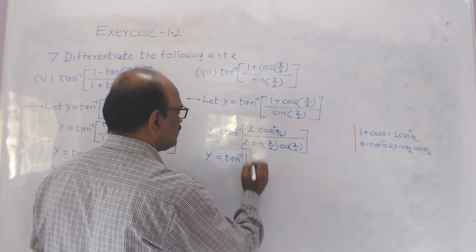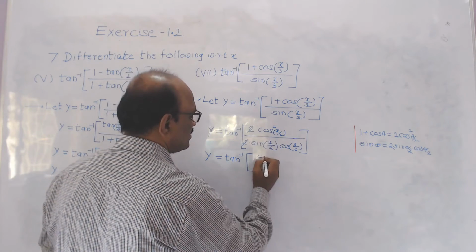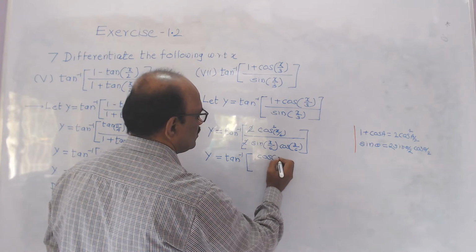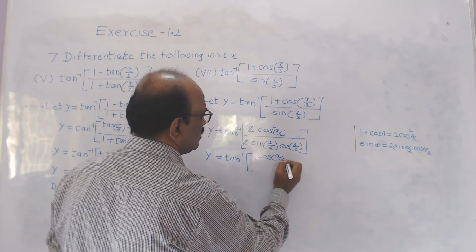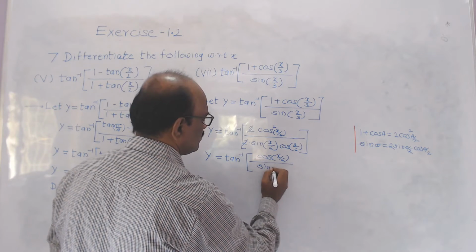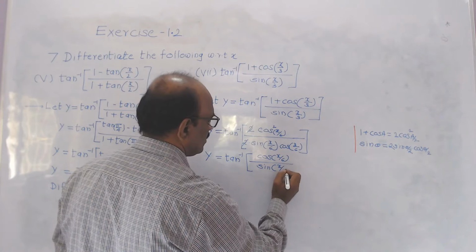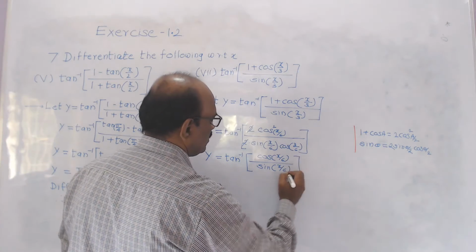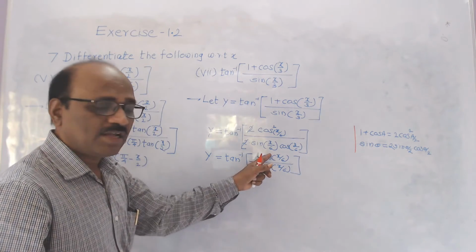And you will get tan inverse of cos of x by 6 upon sine of x by 6. But what is the cos of theta upon sine theta?